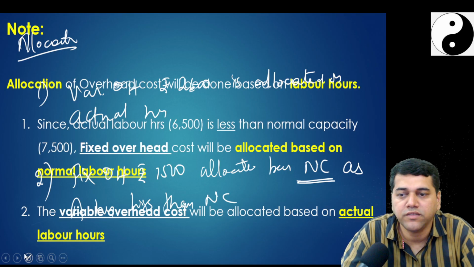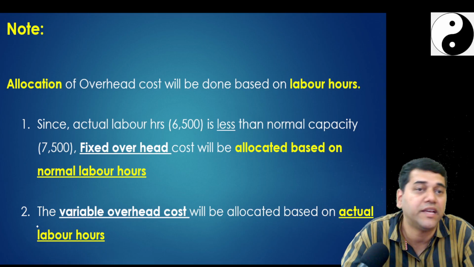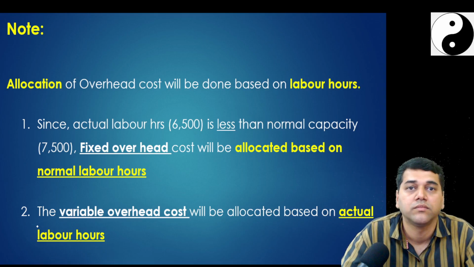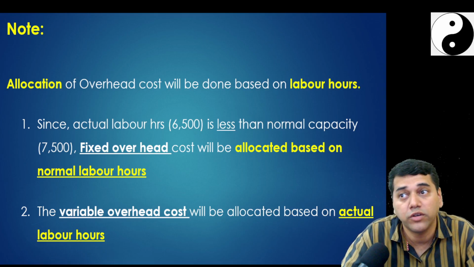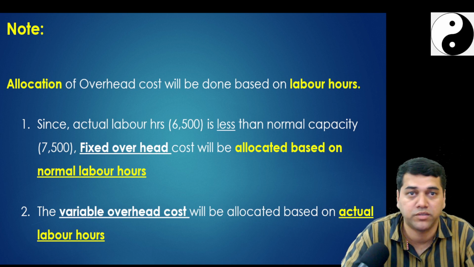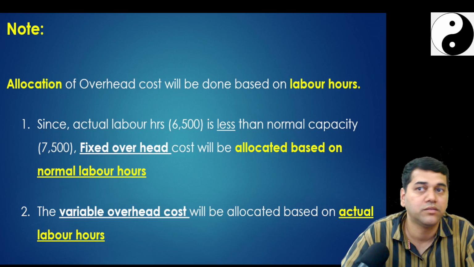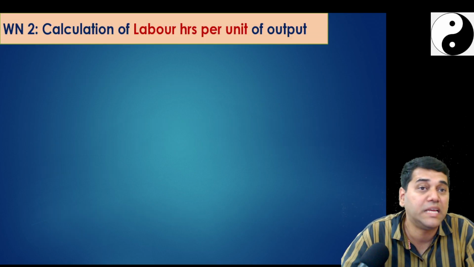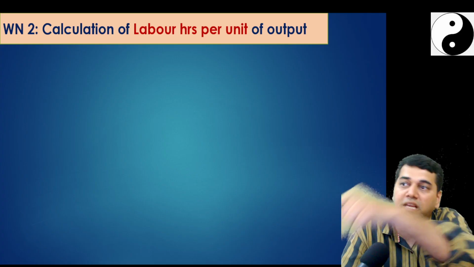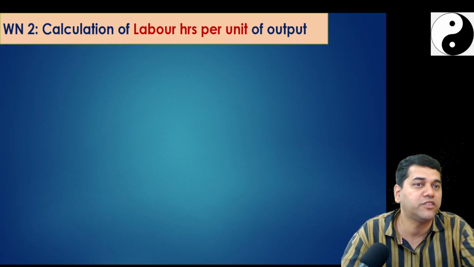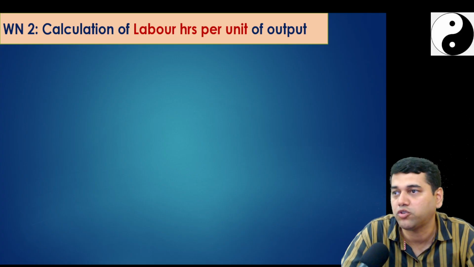Yes, so next we will see how much time it takes for one unit, how many labor hours are going. This is what I told, in examination it may be a different number. Here it is a nice number, 6500, but be careful, calculate labor hours per unit, and then you will calculate the cost of labor hours and see how many units are produced into that cost.